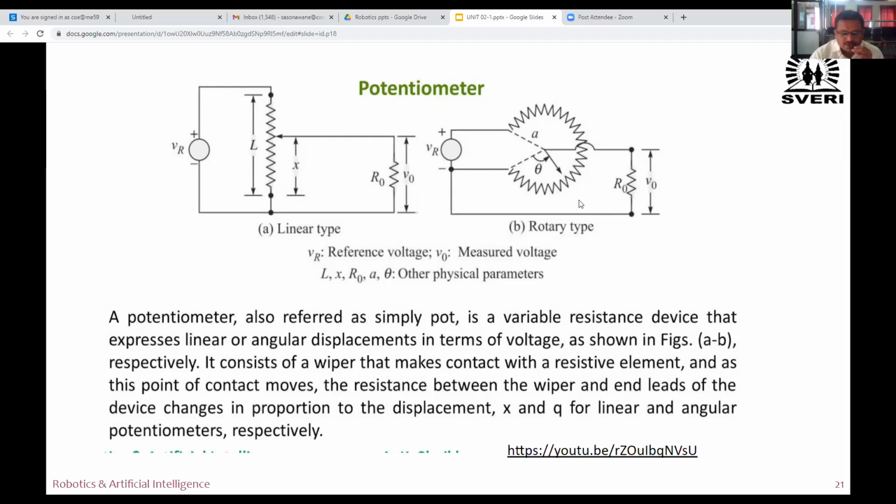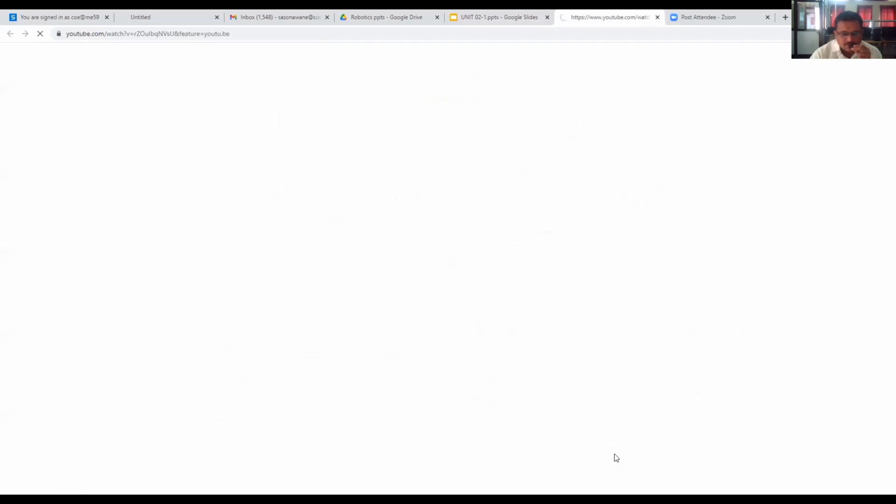Therefore, this output voltage changes depending upon the position of the wiper, and this output voltage is calibrated in terms of linear distance or in terms of angular distance, and you are getting the linear position or angular position. Therefore, we will see this video, then you will understand it better.